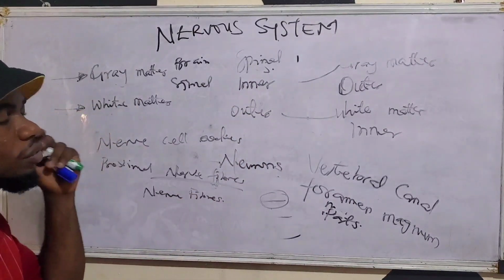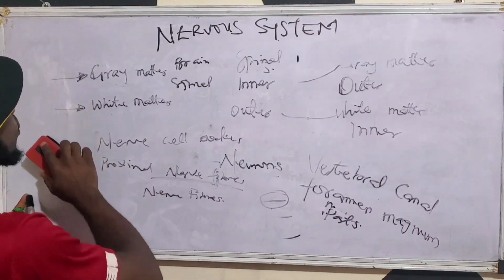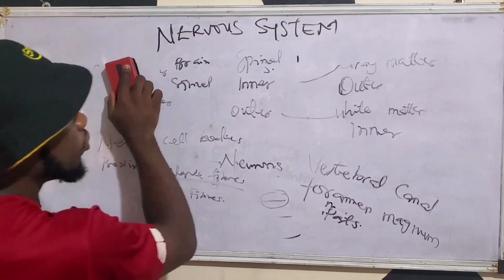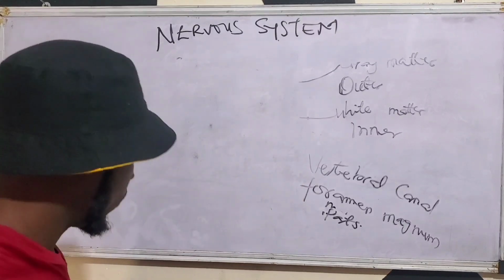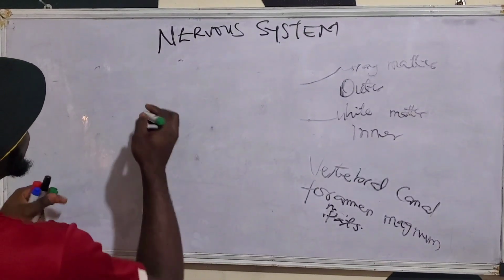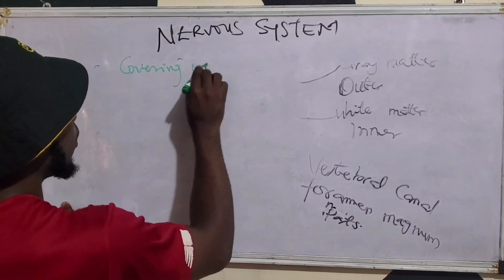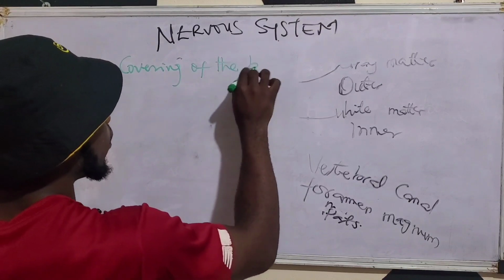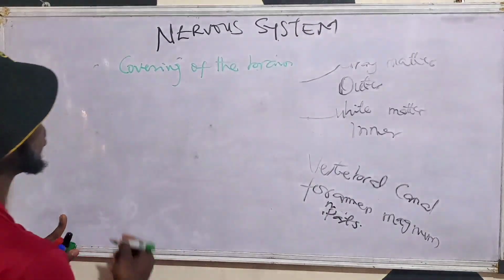Alright, now we've talked about the divisions. Now let's go to the coverings of the brain. The brain is covered by three meninges.